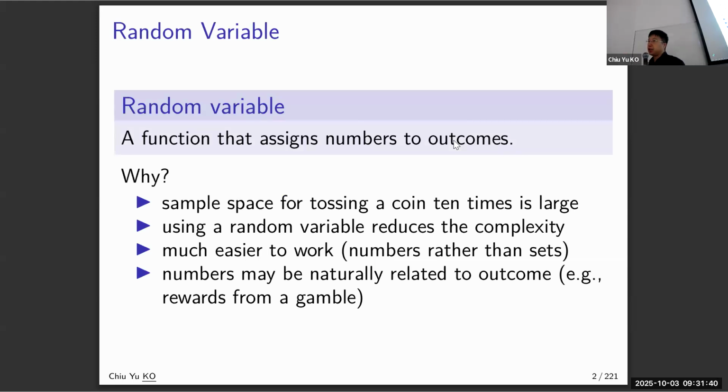The first thing to say, a random variable is the way to assign numbers to outcomes, right? And that means that we are trying to measure the outcomes in the sense that the number to be assigned should be meaningful. Of course you can do categorical or nominal, but they would not be too meaningful for the usage.